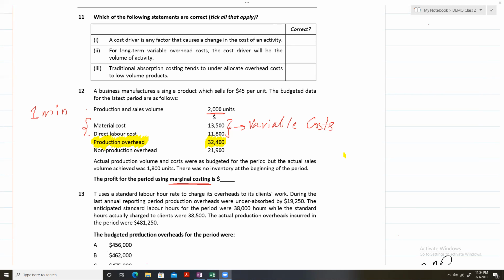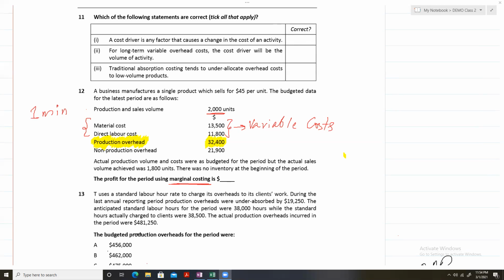Admire has calculated it as 12.65. Let me check: 13,500 plus 11,800, and divided by... Yes, very good answer, Admire.